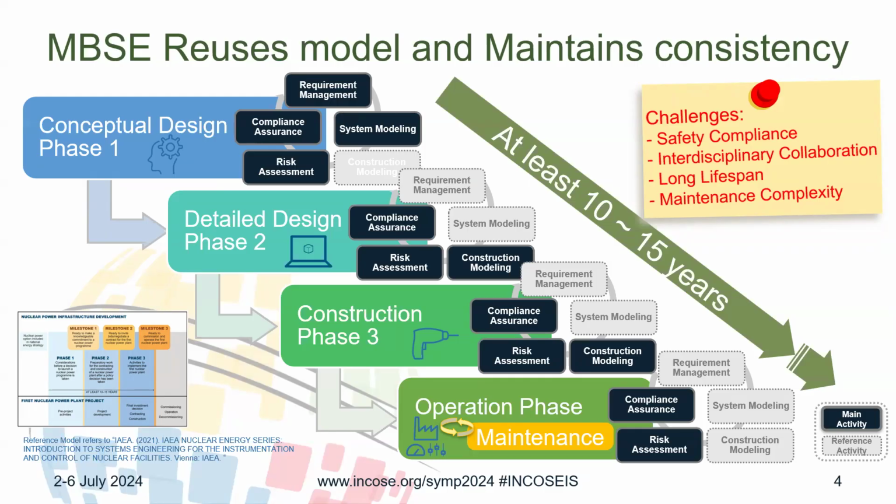The whole life cycle from concept until actual operation takes a minimum of 10 to 15 years, and maintenance operations in a nuclear plant are extremely complex. So we see how we can leverage the model base to carry out all the main activities from the systems engineering perspective, starting from requirements, compliance, and traceability to the system model and to risk assessments, and how that can in the future be continued into other aspects.